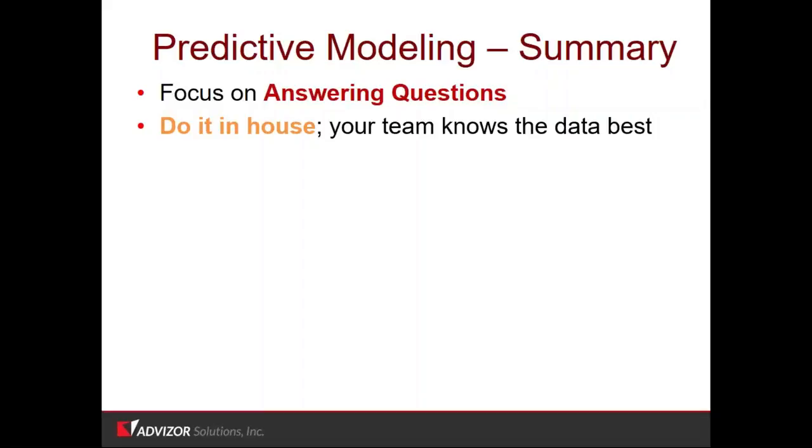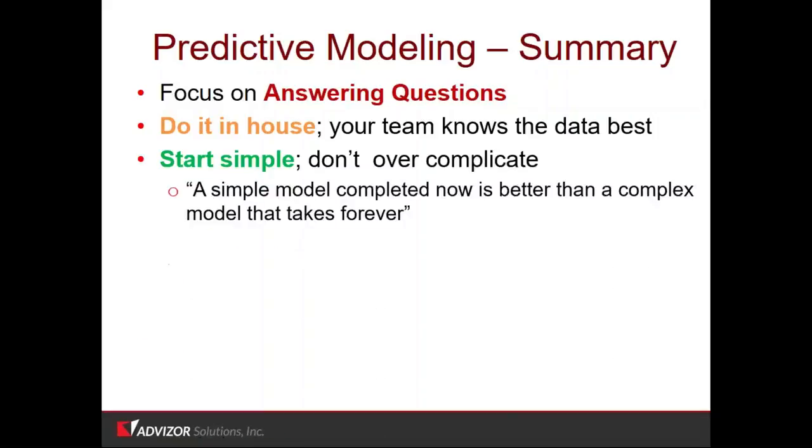Our view is the modeling is not the tough part, it's the discussion that goes with it that's the really valuable part. So your team doing these kinds of models and having these kinds of discussions is just going to get better results. And we like starting simple, don't overcomplicate. Somebody said a simple model completed now is much better than a complex model that takes forever.